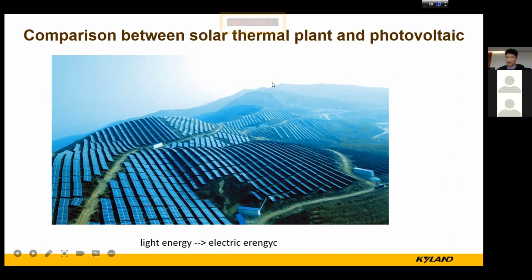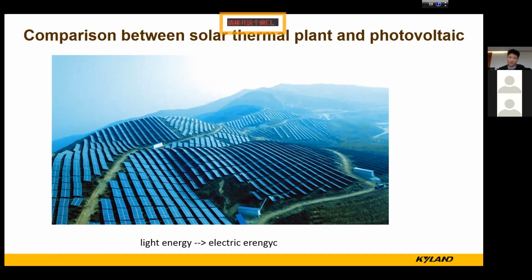This is a photovoltaic plant here. You can see there are many boards here, and it can directly turn the light energy into electric energy, but it has some disadvantages, since you cannot generate electricity at night, because there is no sunlight at night.